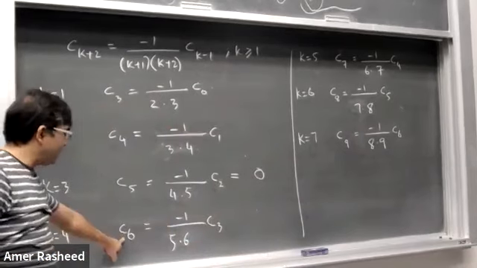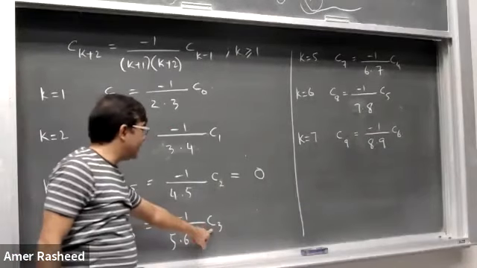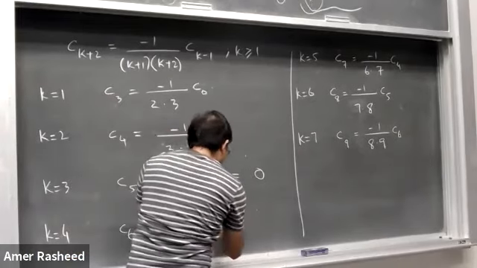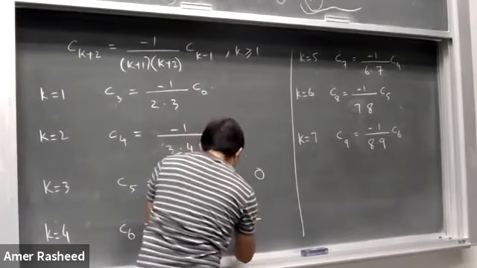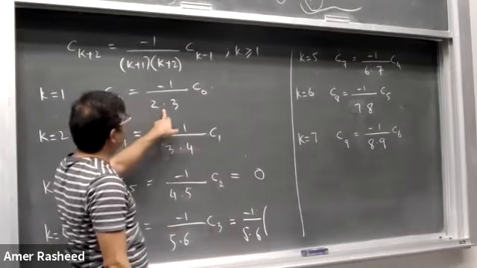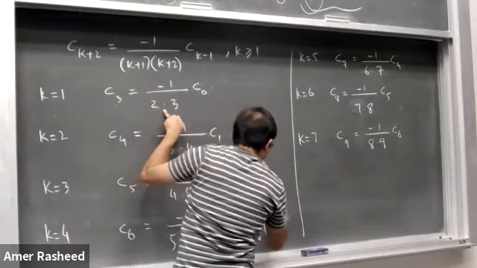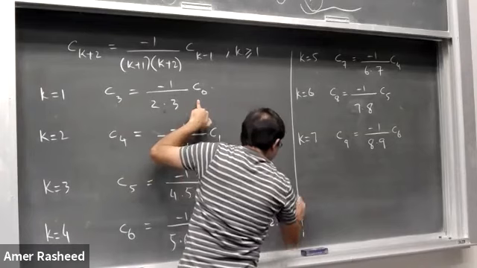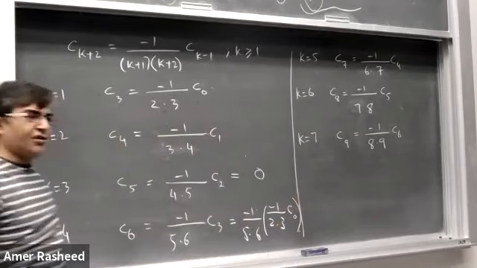When you have C6, you have C3, whose value you already have. You put here the value of C3, -1 over 5 times 6 times C3, where C3 is -1 over 2 times 3 times C0. This is the value of C3.